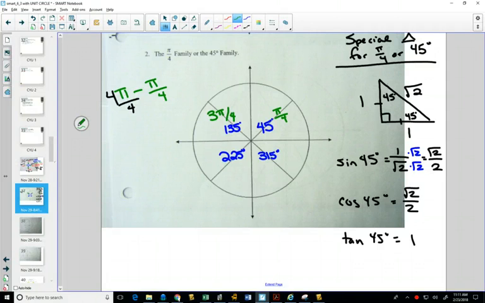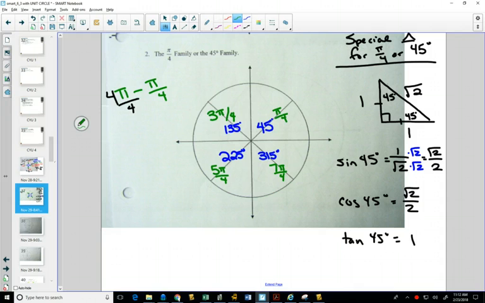Again, I'll give you a head start to do the last two in radians. How'd you do? Did you get 5 pi over 4 and 7 pi over 4?